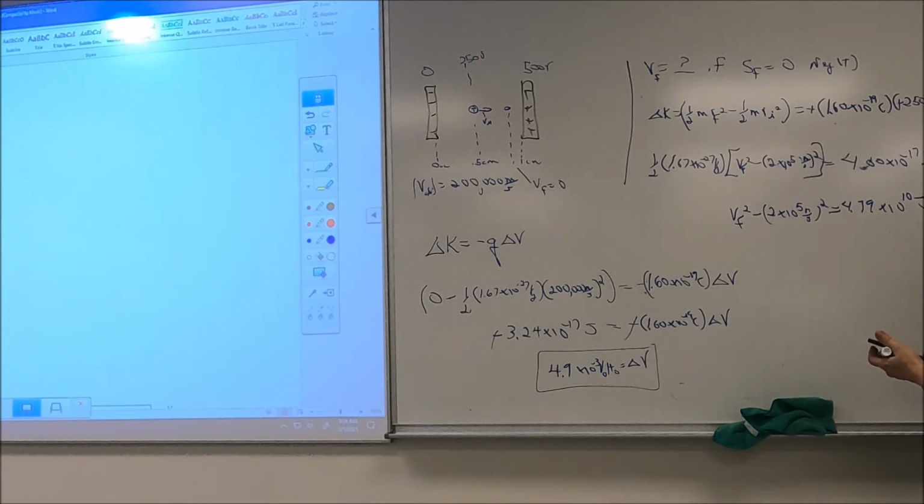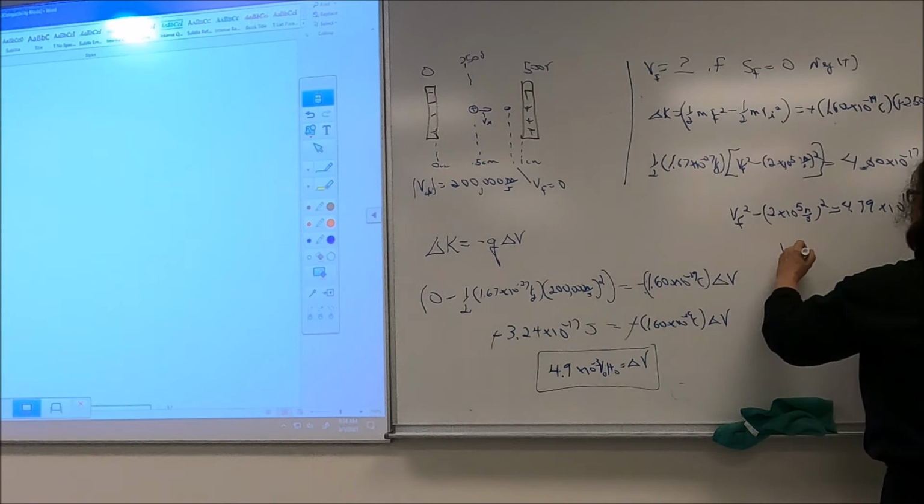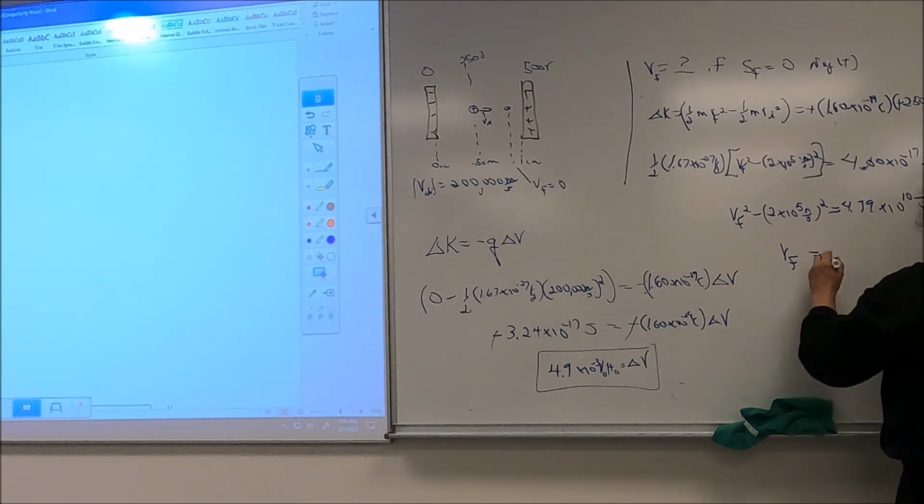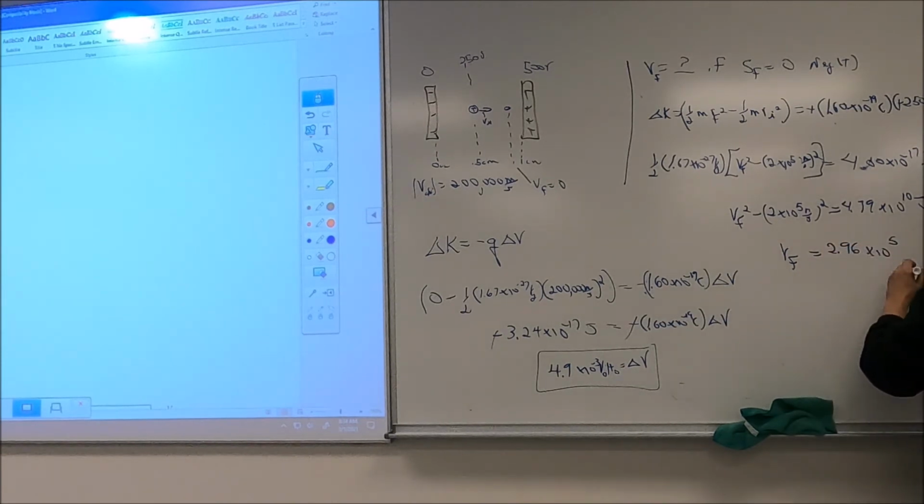I'm going to add to it 2 times 10 to the 5 squared. So solving for V final, I get 2.96 times 10 to the 5 meters per second. It's sped up.